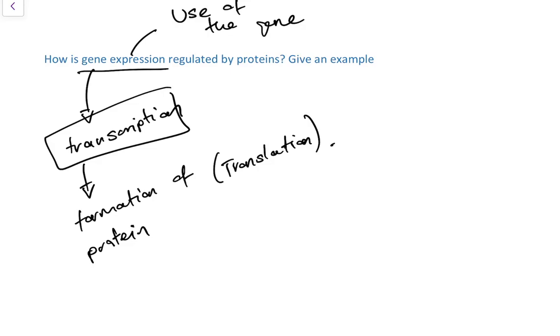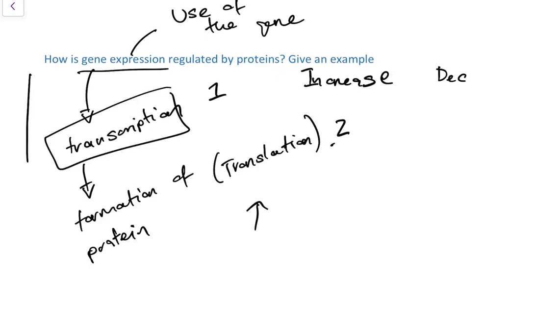So how do we regulate this first step? So if step 1 in making a protein is to transcribe it, and step 2 is translation, then how do we regulate the first step? Because if we increase this, then we're going to increase this. It's like a production line. If you can increase the first part, that's going to then increase the total output.